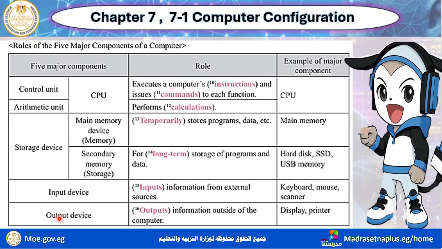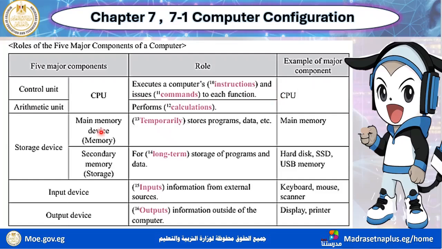The control unit and the arithmetic unit, or the CPU, execute a computer's instructions. They execute the commands for each function of the computer. An example of a major component is the CPU itself, or the central processing unit.